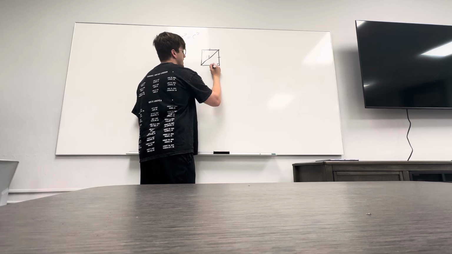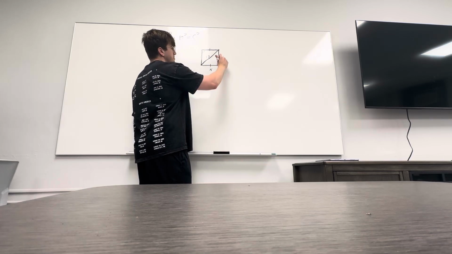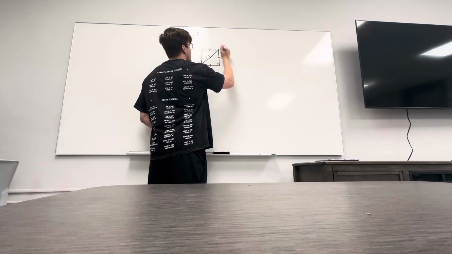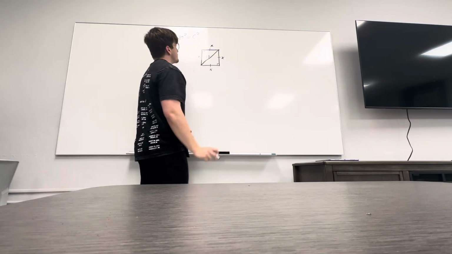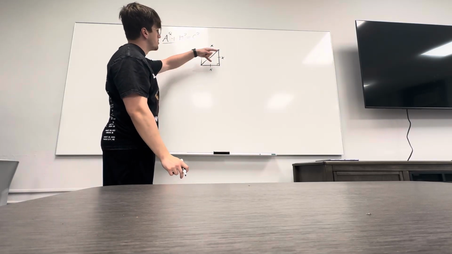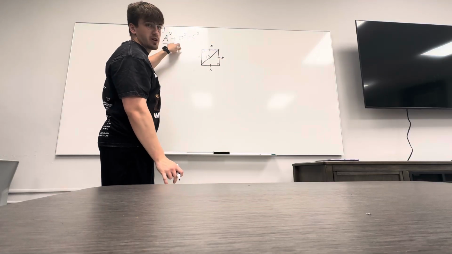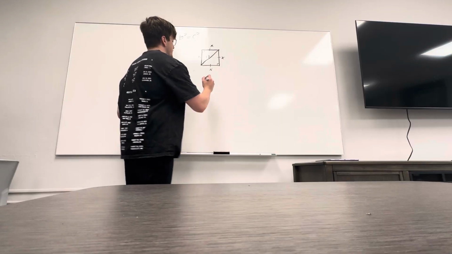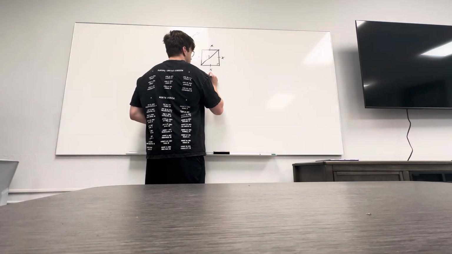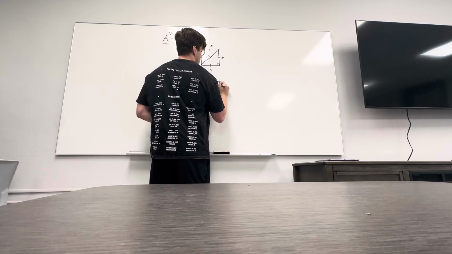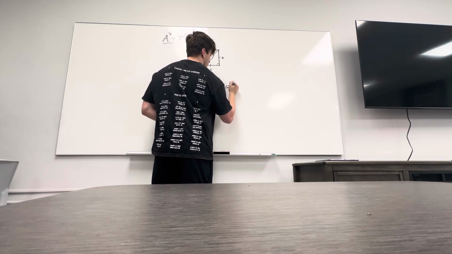You can make the length for one of the sides x, but because it's a square, you get all of them being x. So you can put these two x's into the formula in place of a and b. So you get x squared plus x squared equals 12 squared.